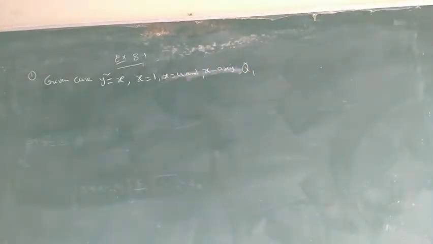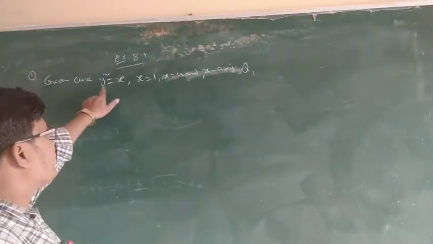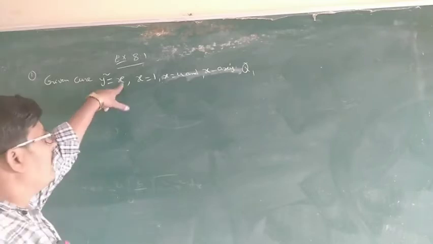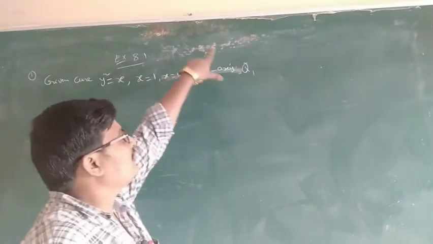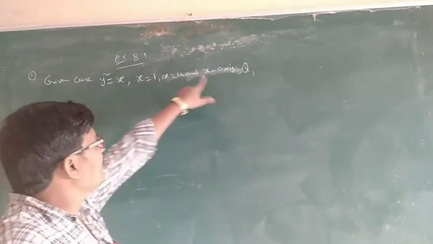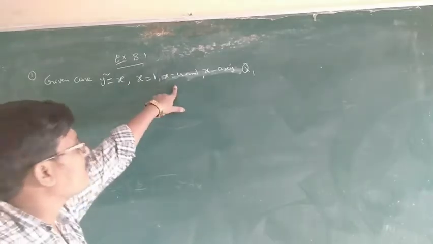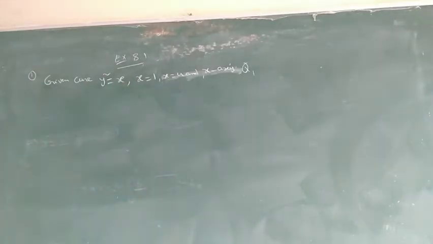Find the area enclosed by the curve y square is equal to x. This is the given curve, and x is equal to 1, x is equal to 4 and the x axis. So the curve, x axis, x is equal to 1, x is equal to 4.